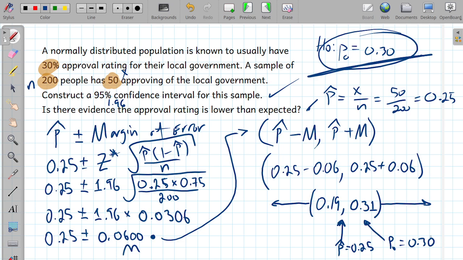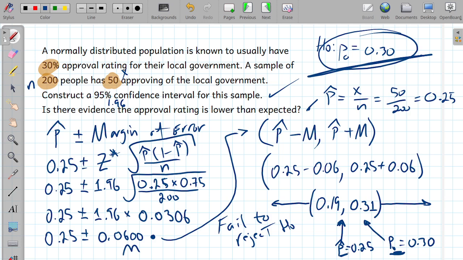That's our conclusion. Now I'm just going to abbreviate that by saying we fail to reject H null. The reason why? Both parameter and statistic lie inside the interval. And for what we're doing in this course, this will always be the case when this happens. That's it.